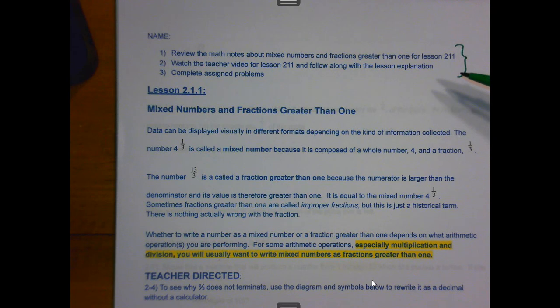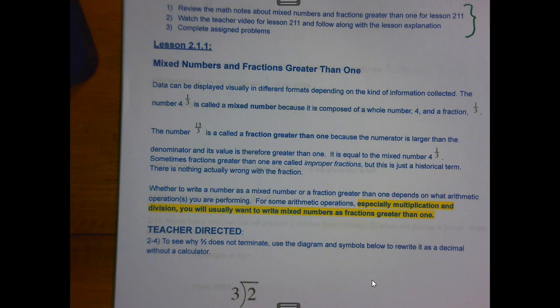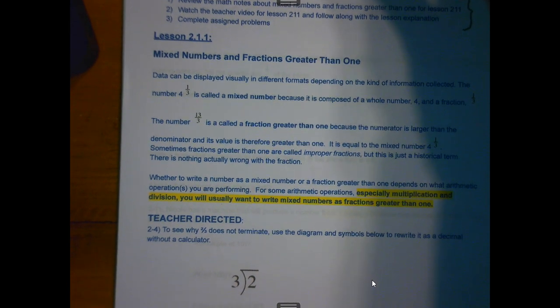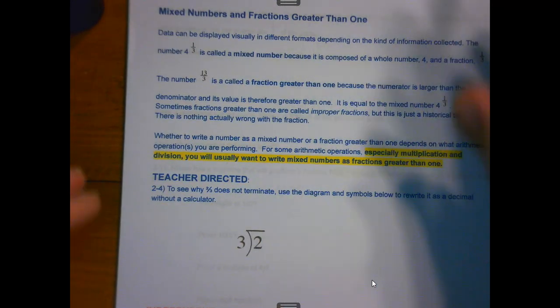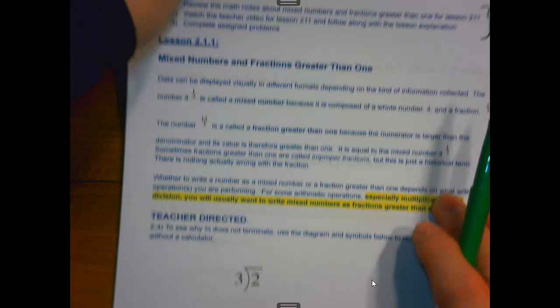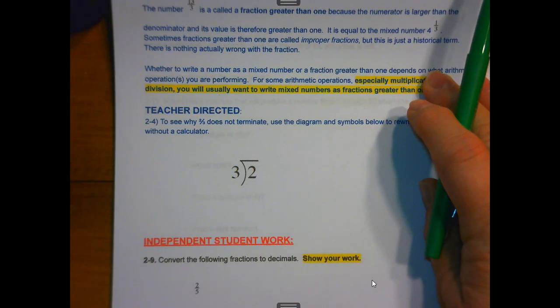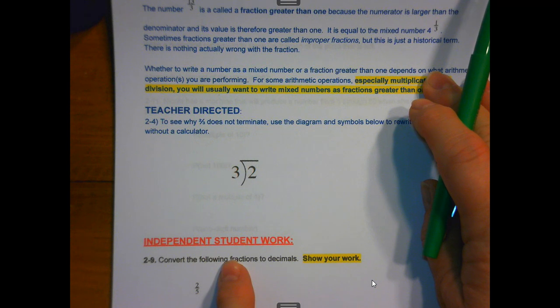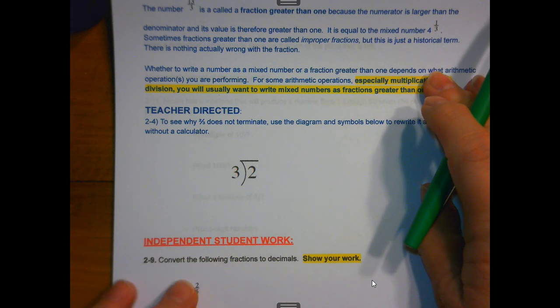I also have put the teacher directed part, or the teacher guided part, in a different color and then have highlighted down closer to the bottom on your page. You can see right here that the independent student work is identified with a red title.